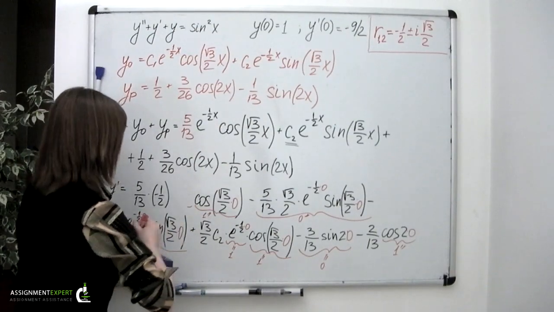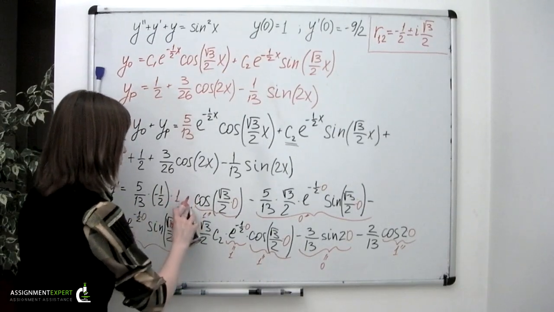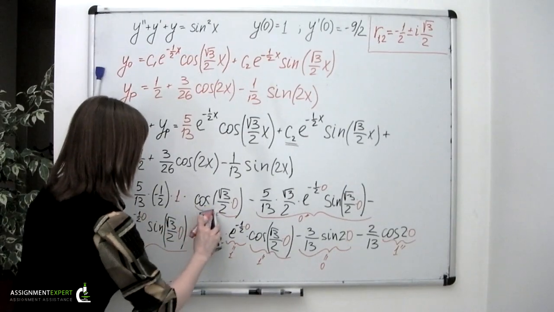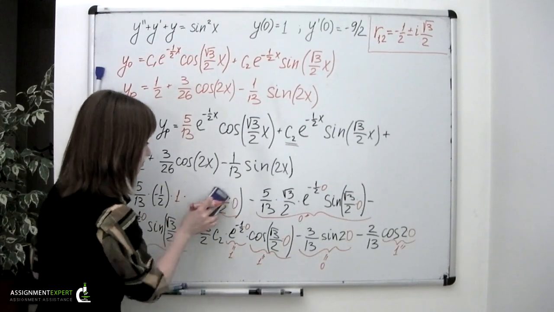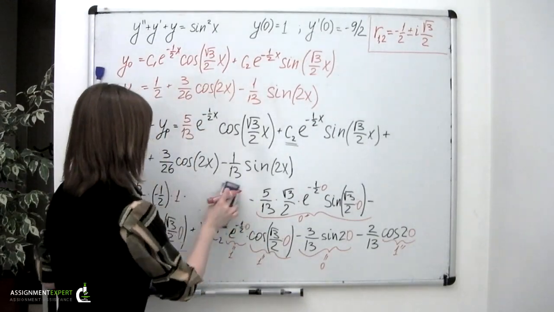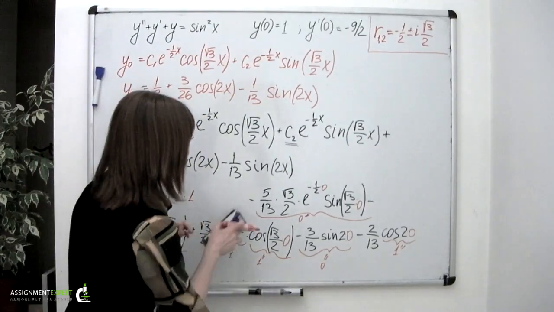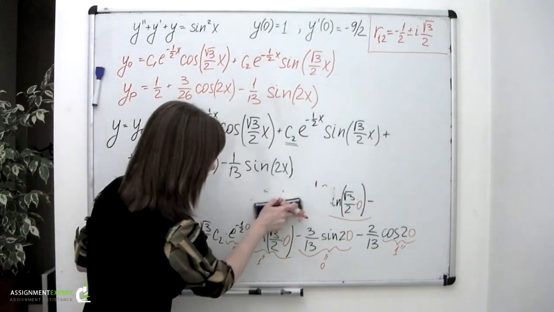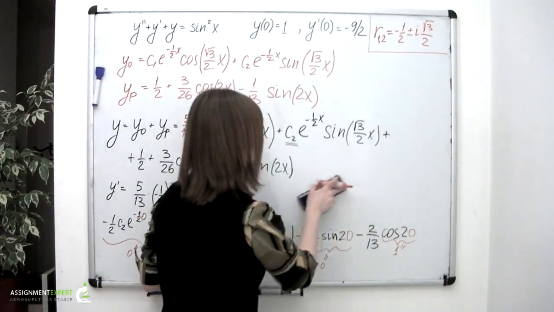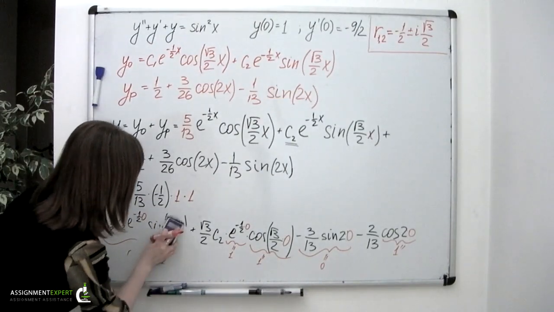So this thing is going to multiply by 1 instead of the exponential function, and by 1 instead of the cosine function. This one goes away. Because it's equal to 0, this one is gone as well.